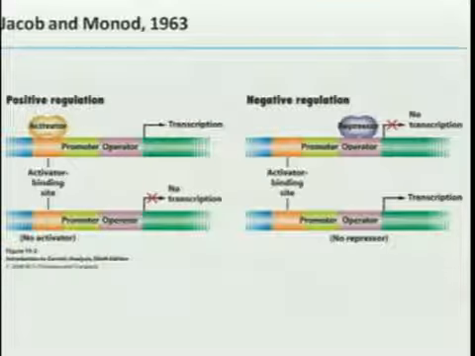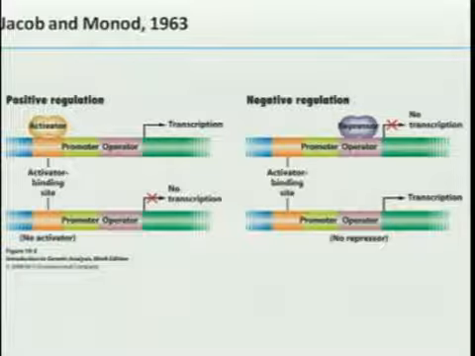I am misinformed. Well, what they basically showed is that genes can be under positive regulation and negative regulation. Specifically, that there are proteins called activators that turn genes on, and that there are proteins called repressors that turn genes off.